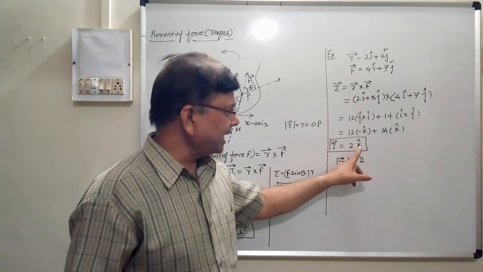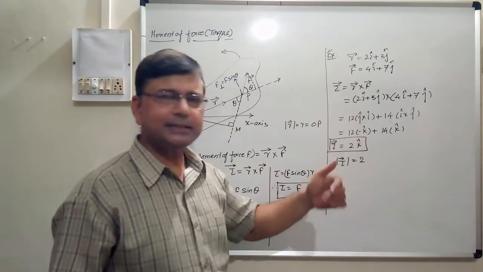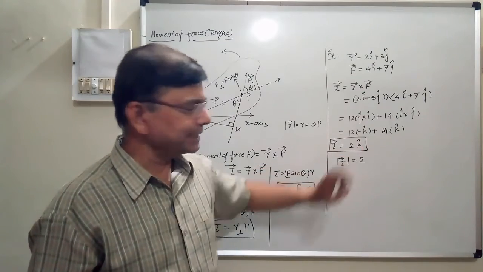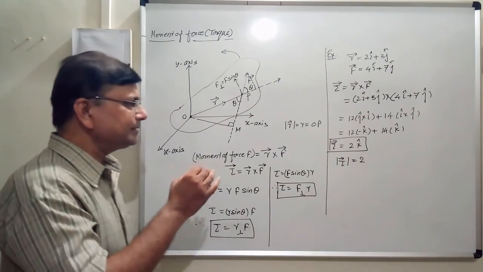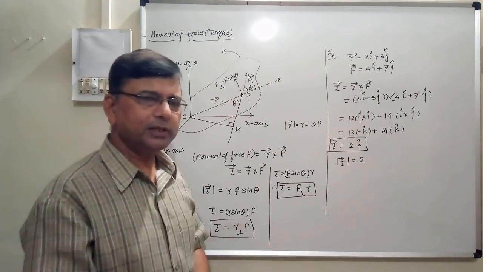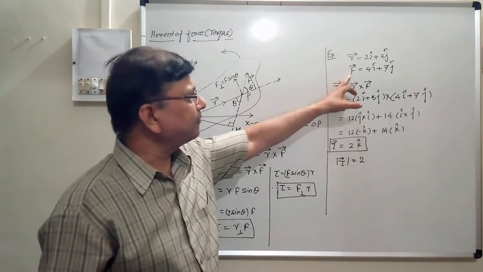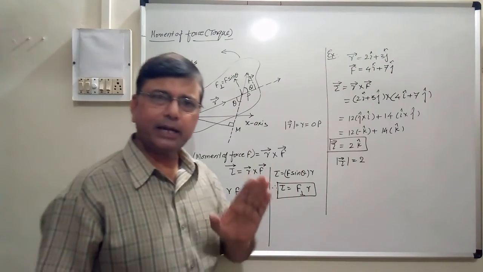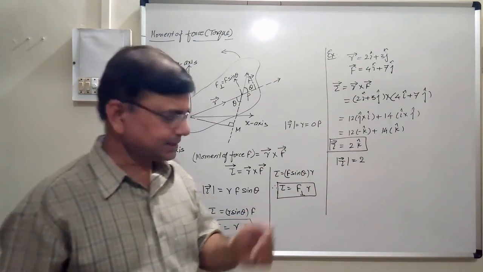What result are we getting? 2k. This 2k means along the Z axis, the unit vector along the Z axis. It means the torque is acting perpendicular to both the vectors r and F, and since these are in the xy plane, the torque will be acting along the Z axis.